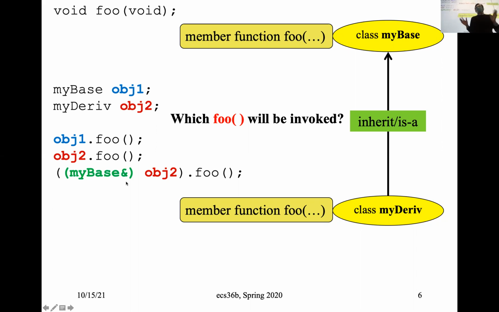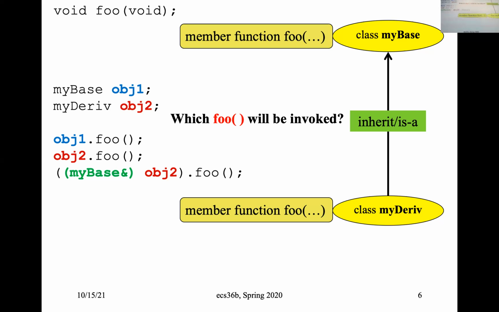And now you have been asking about the casting. Now I'm doing a little bit of a trick called casting. I'm casting object 2 to my base. So essentially I'm casting an object I created based on the derived class and transforming that to the base class.